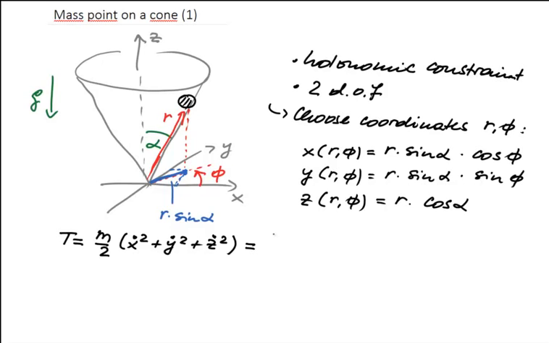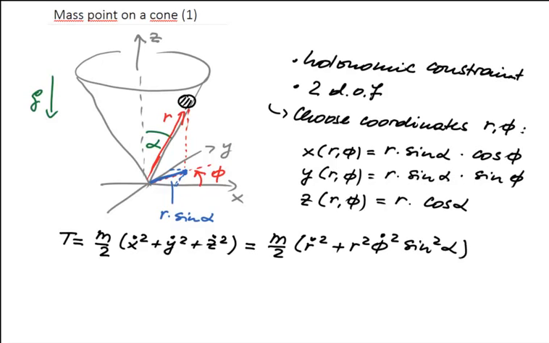In terms of the new coordinates, this is mass over 2, and then we have an r dot squared, and we have an r squared phi dot squared sine squared of the opening angle alpha.